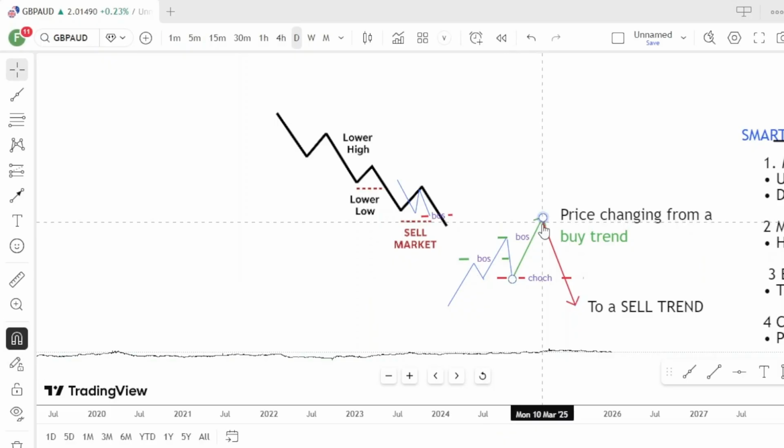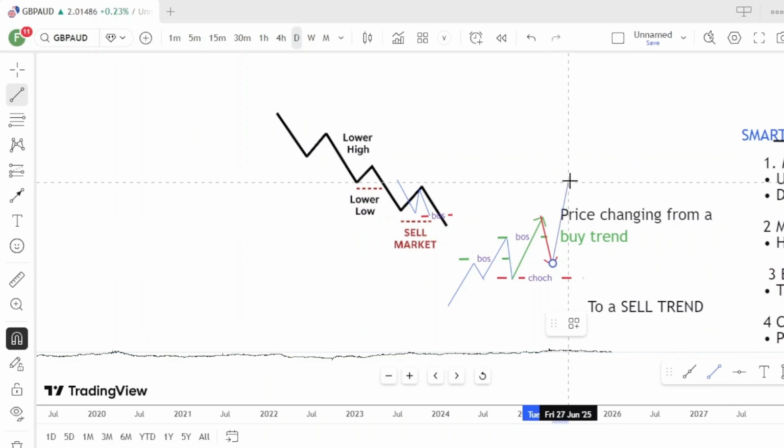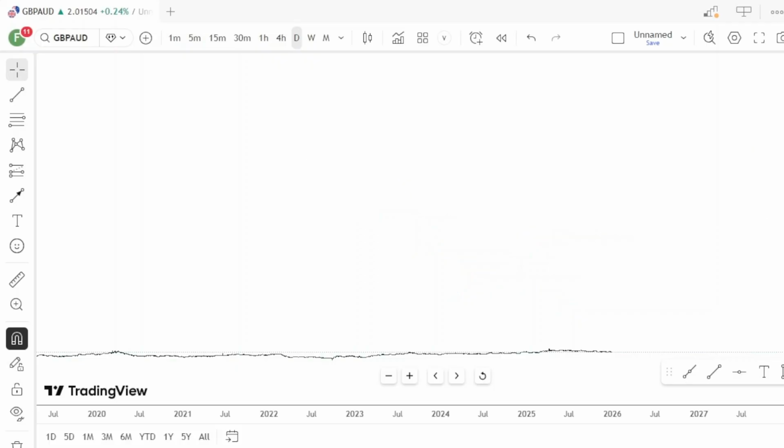But if price pulls back and fails to make a new high, but instead decides to break the low, this very place is a change of character, telling us that this bullish trend is changing to a sell trend, or clearly this uptrend is changing from an uptrend to a downtrend. Let me make this clear. BOS tells us the trend is continuing. Change of character tells us the trend may be changing.